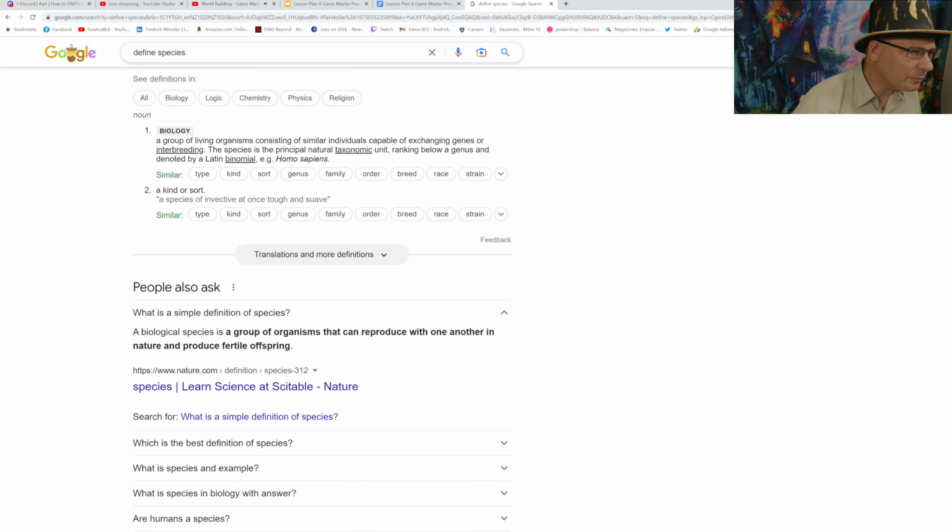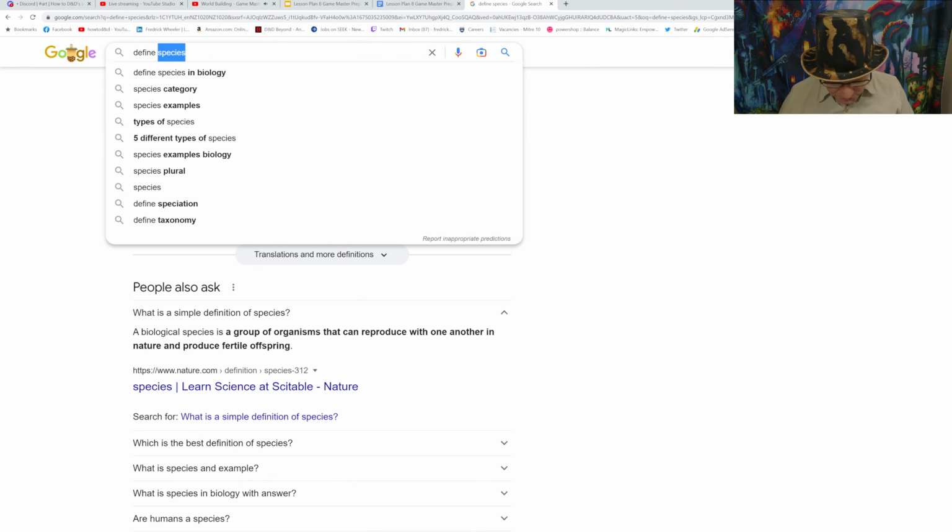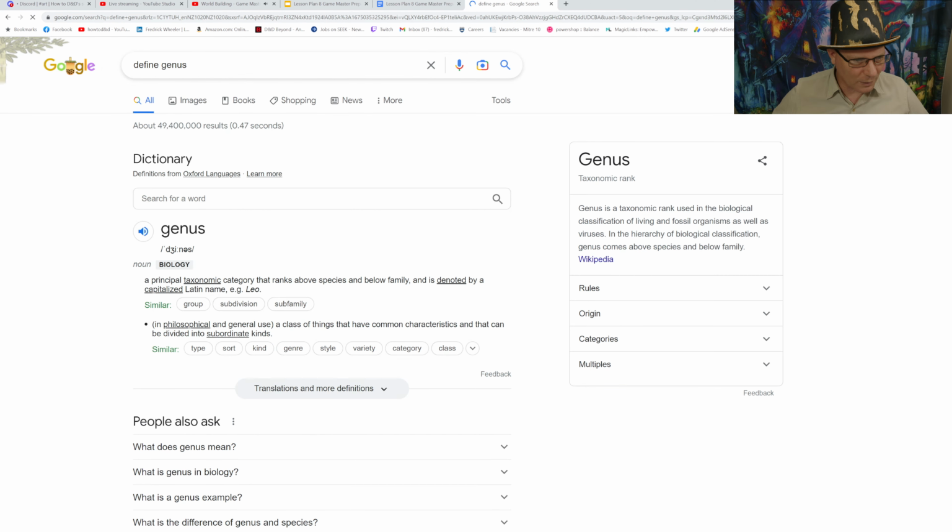Let's have a look here over at define breed. Was it genus? The word genus is probably the hardest one. A principal taxonomic category that ranks above species and below family, and is denoted by a capitalized Latin name, Leo. Oh, good Lord. Nobody's going to understand that.